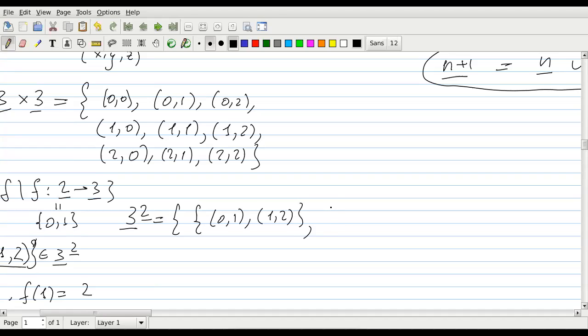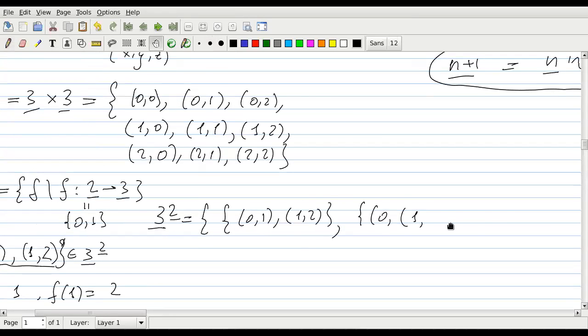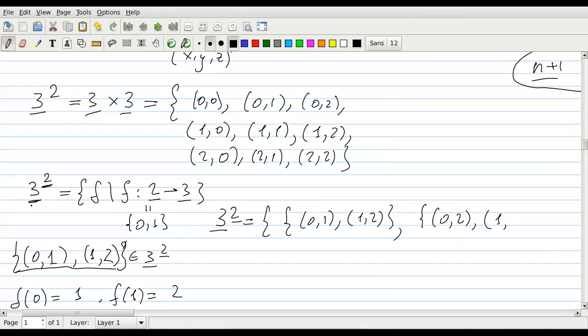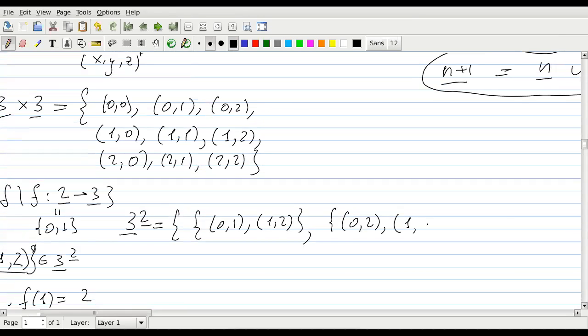It can be 0, 2 and 1, 3. Really? 3 is not an element of 3 underlined. Oh yeah, 1. Okay, yeah. 1, 1.